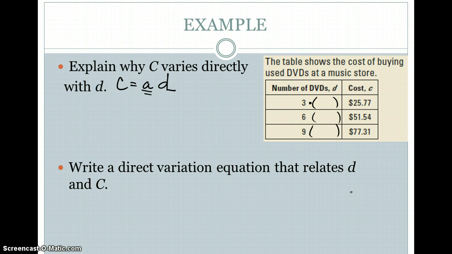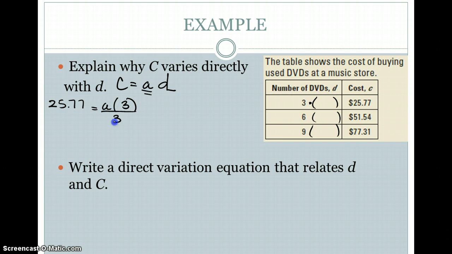Well, we can do this by setting up an equation. $25.77, because that's the C for the first one, should be equal to some number A times D, the number of DVDs, which for this first one is 3. Now, how would I solve this?